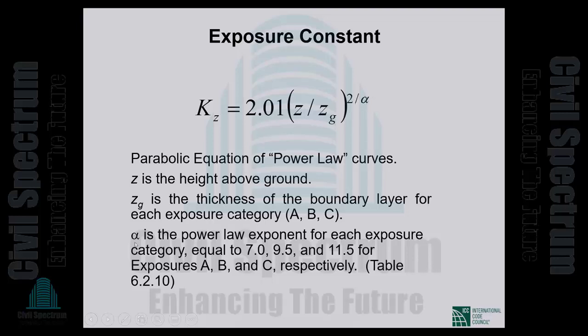The alpha value is given in ASCE 7 and BNBC. Alpha is the power law exponent. It is 7, 9.5, and 11.5 for exposure A, B, and C respectively. So if you know your exposure, you will be able to calculate K sub Z at any height above ground level because Z sub G is given in BNBC and alpha is also given in BNBC.